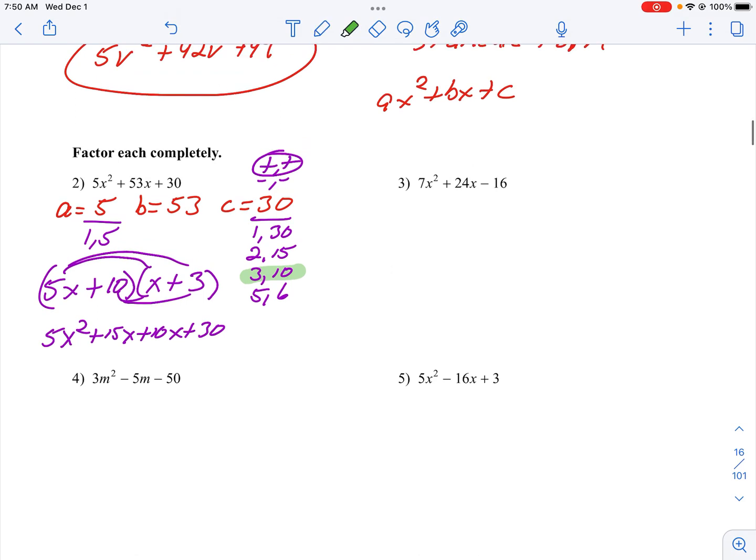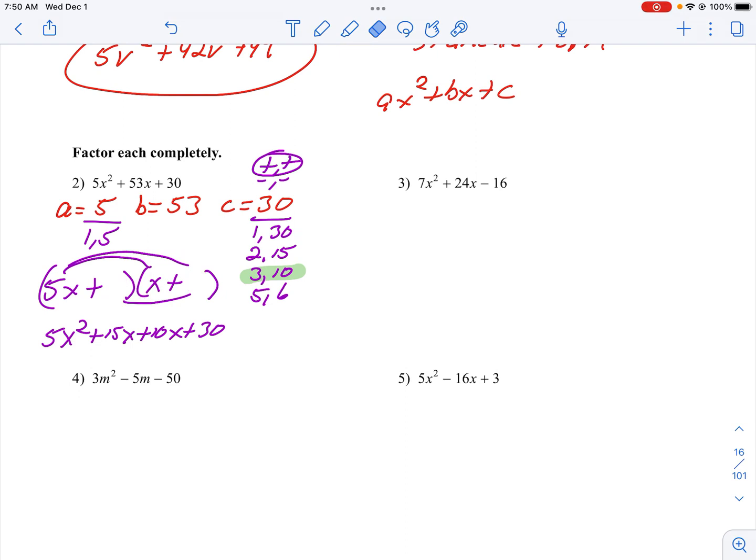Every single time, A and C will appear. Those should always be correct unless you're not paying attention. What I'm focusing on is whether those linear terms combine to give me, in this case, 53. If it does, I'm good. If it does not, that guess was not very good. 15 plus 10 is 25, and of course that is not 53. So my first guess was not correct.